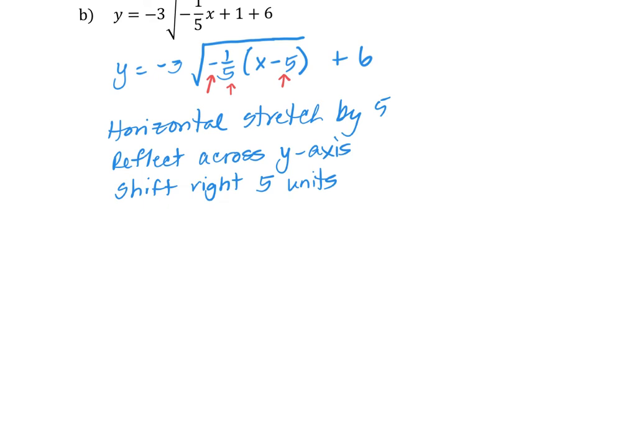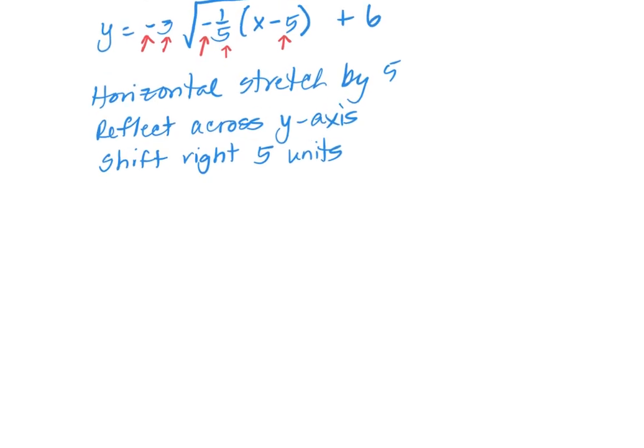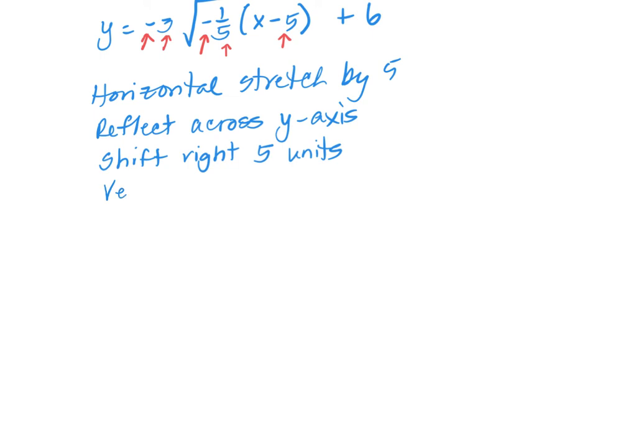All right, now that we've done everything underneath the square root, everything that touches x's, we go outside. Remember, the 3 is one transformation, the negative is another. So if we were going to describe that 3, it would be a vertical stretch by a factor of 3.